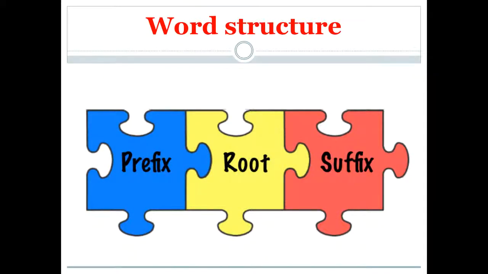You can see that prefix is a bound morpheme that is attached to the front of a root to make a new word. And suffix is attached to the end of the root.